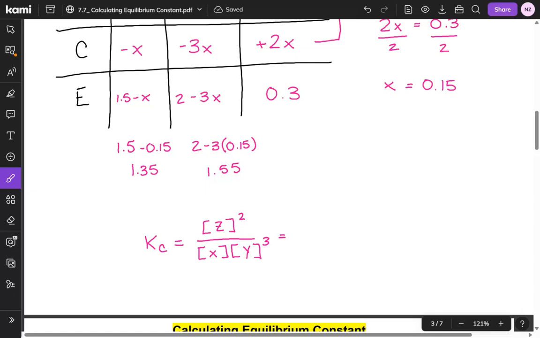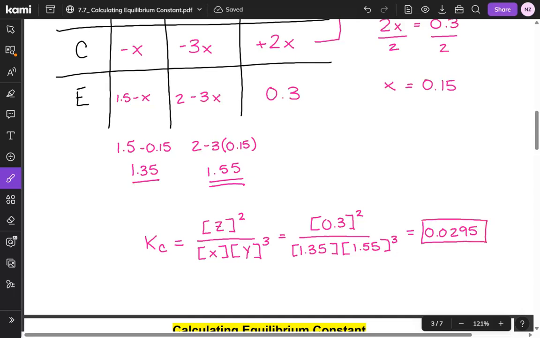Z was equal to 0.3, and it's being squared. X's value, right here, is 1.35. And Y's value was 1.55, and that's being cubed. We plug this into our calculator carefully, and we get an answer of 0.0295 as our Kc value.